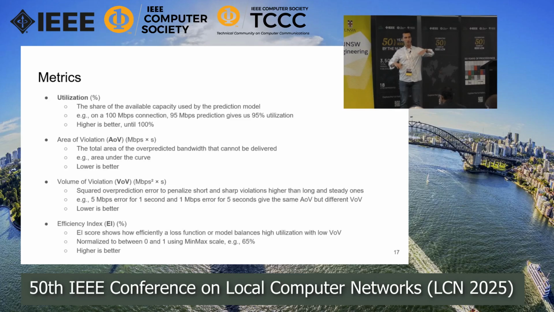We want high network utilization, but a low amount of volume of violation. This is a normalized value between 0 and 1. You can find more details in the paper. It just gives a comparable result among different models. And for the sake of transparency, we are not going to use area of violation, as I mentioned, since it is less of a metric compared to volume of violation.